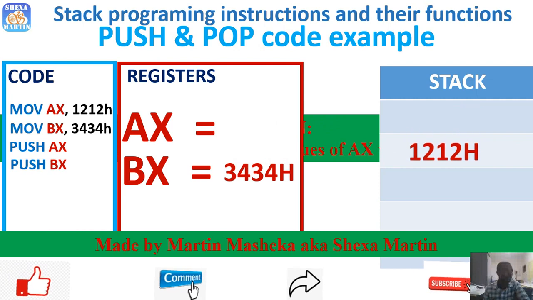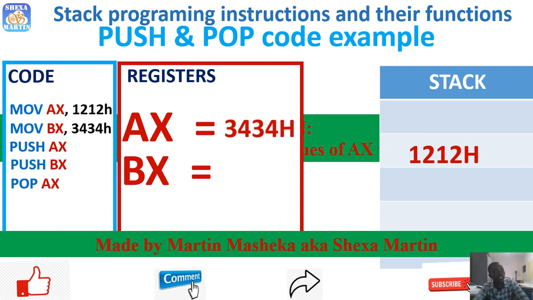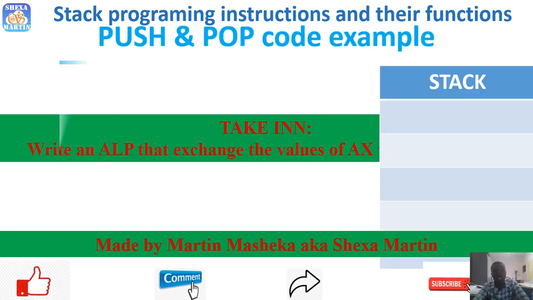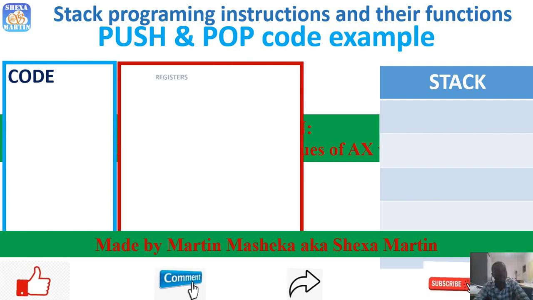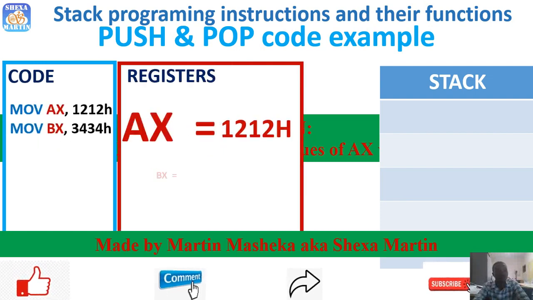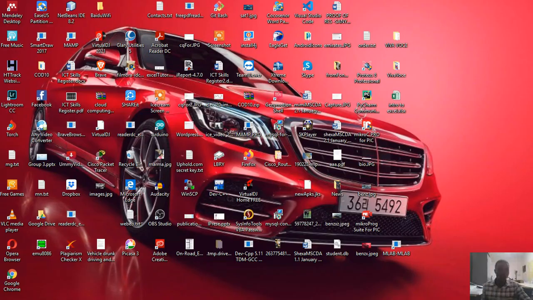So what happens is that, let me go slowly. We have our instructions. Let me just edit this so that it doesn't rush through. Alright, so let me say this value, that.